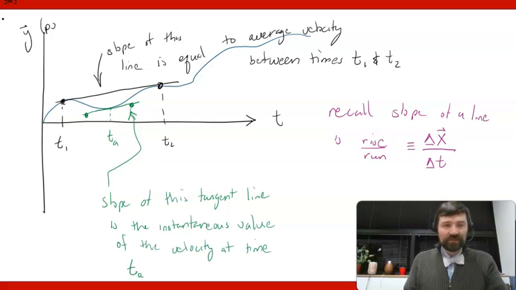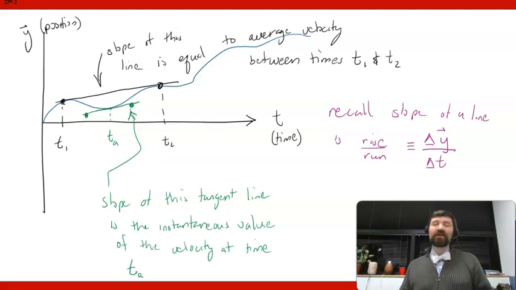So this is position, and down here we have time. In that case, we might say that this is delta y over delta t. Again, the nomenclature is whatever we decide to declare the position divided by whatever we decide to declare the time.